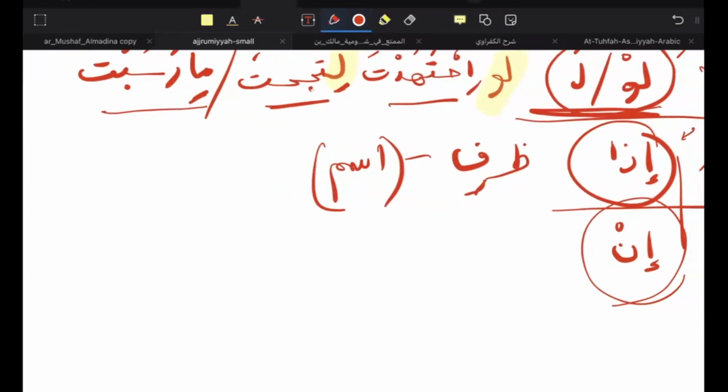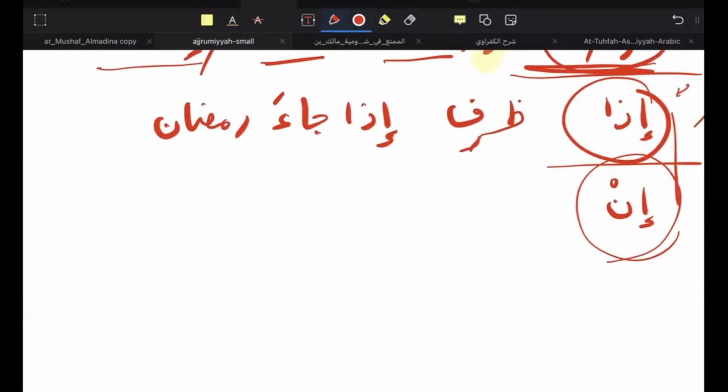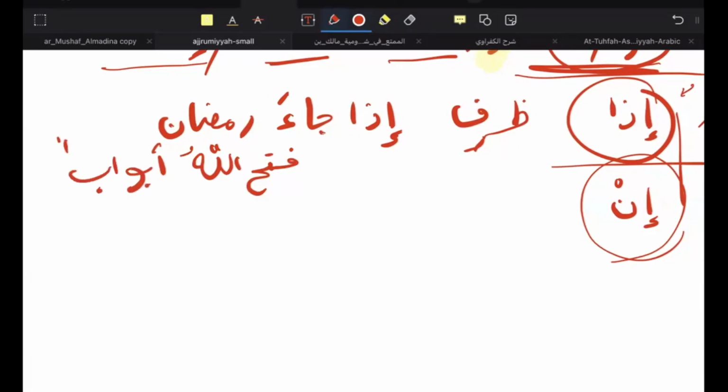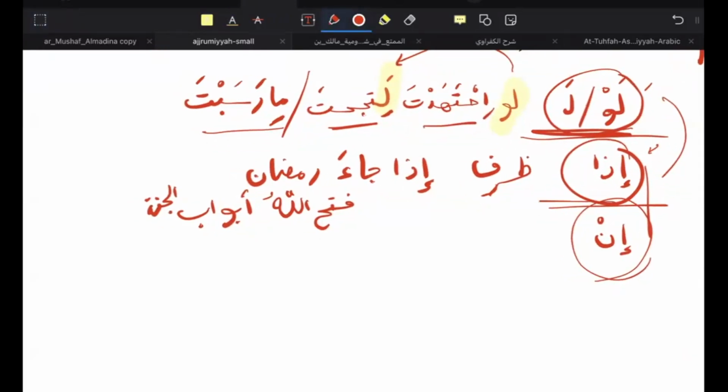For example, if you say either ja'a Ramadan, then what happens? You can say fataha Allahu. What does Allah open? Abwabal Jannah. Okay. So here we're using either. Either ja'a Ramadan fataha Allahu abwabal Jannah.